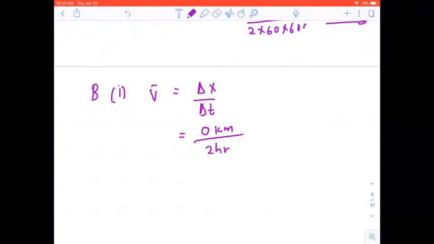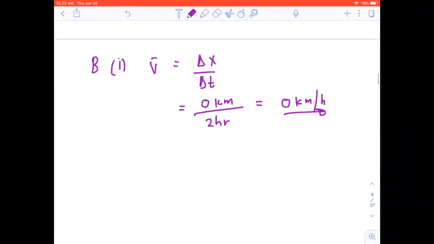I could leave it in hours or have converted it to meters, doesn't matter. So this gives us 0 kilometers an hour. The average velocity is 0, or 0 meters per second.